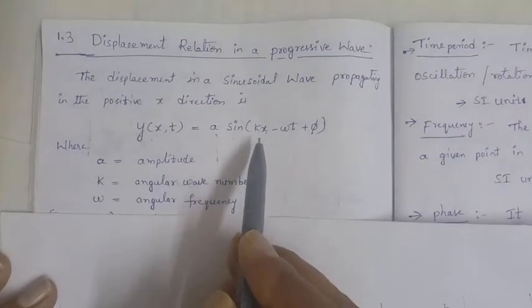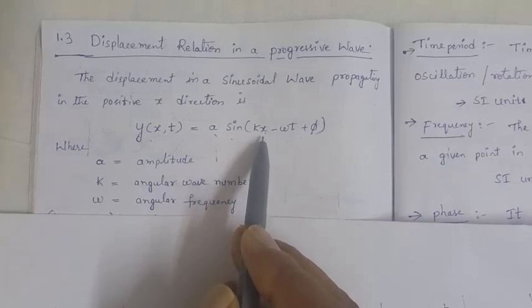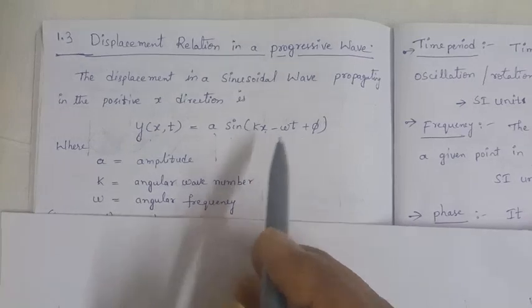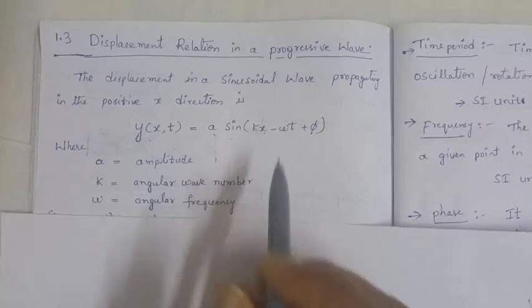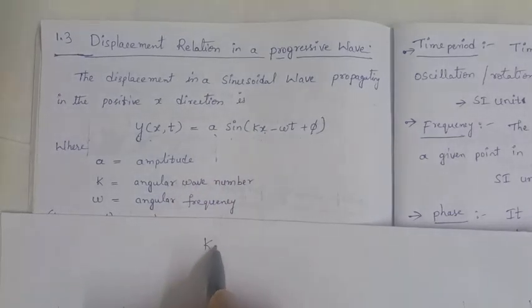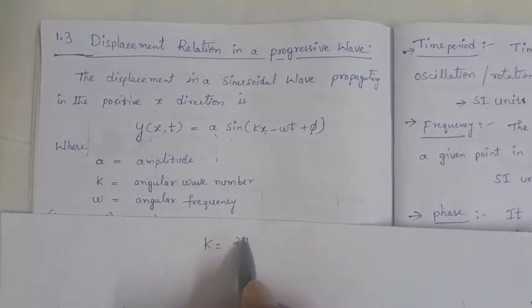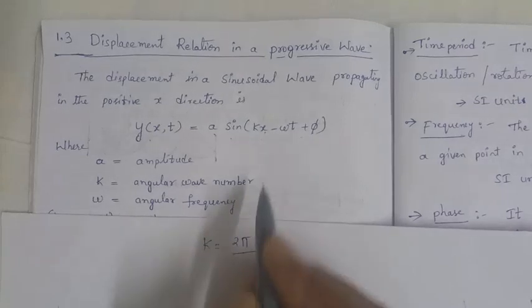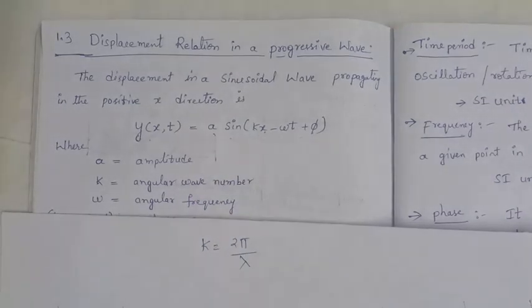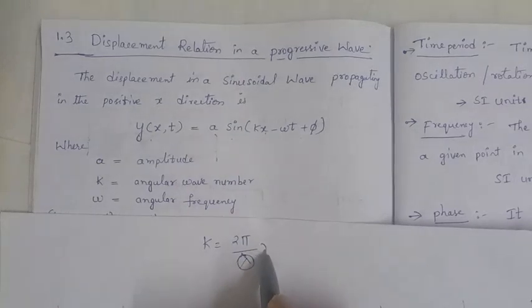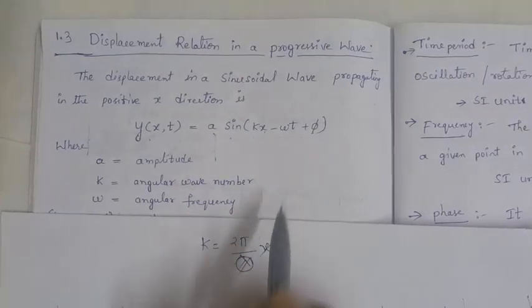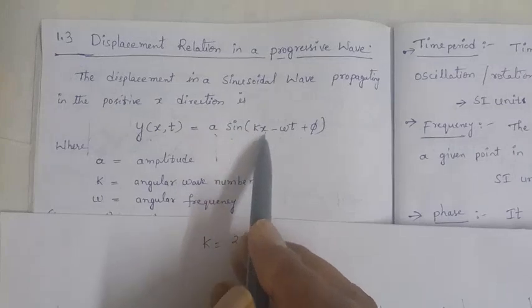This term comes from first year, the propagation vector, the propagation constant, that is a sin kx. So k means 2 pi by lambda. Lambda is nothing but a distance, and x is a distance. These two terms get cancelled. That's why we are getting some angle here.